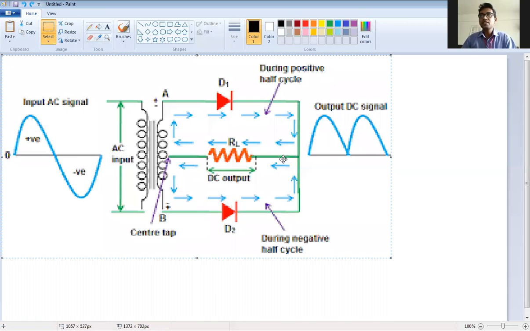But as you can see, in both cases the current is in the same direction. That's why the second current is also positive. So in positive half cycle D1 is forward, in negative half cycle D2 is forward. Hence current is the same. Hope you are getting it. Now you have a few minutes so that you can ask me questions.